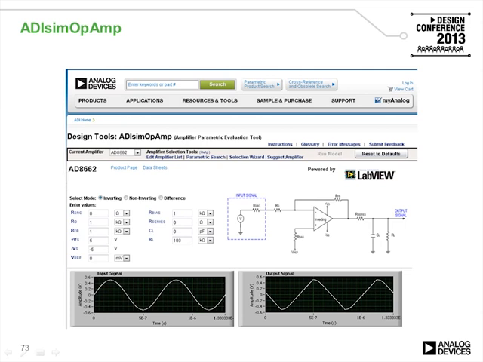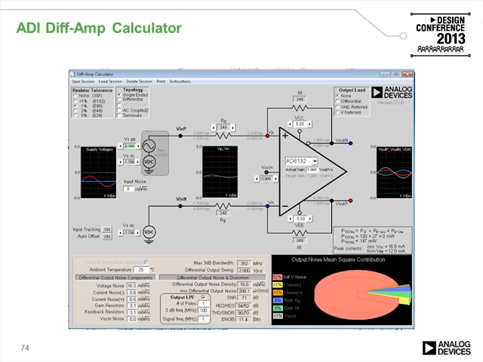Several tools are available on our website to help you with your design. On this slide, I'm showing ADI Sim Op-Amp, which is very useful when designing op-amp circuits. It can help with the amplifier selection as well as with resistor values. The ADI DFAM calculator is also available for download.